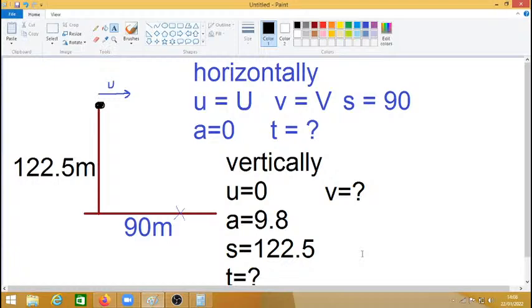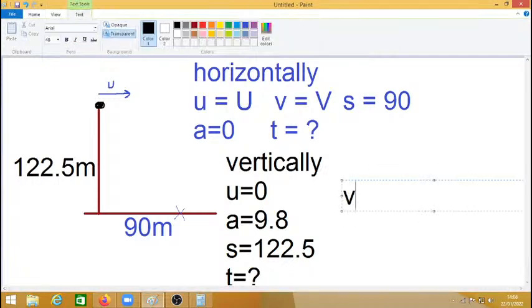Okay, so maybe there is enough to be able to work out time here, which we could then use in the horizontal section and be able to work out something more here. So let's see if we can work out time. We need a formula that's got u, a, s and time in, and that's the one that we haven't used yet.